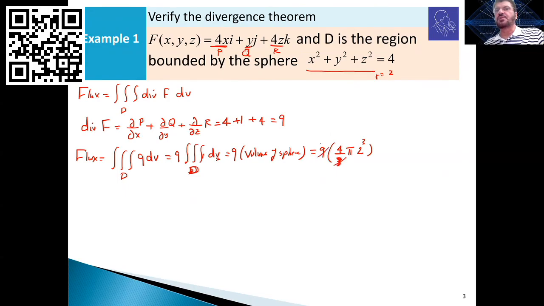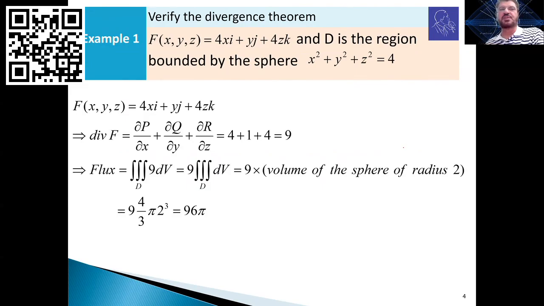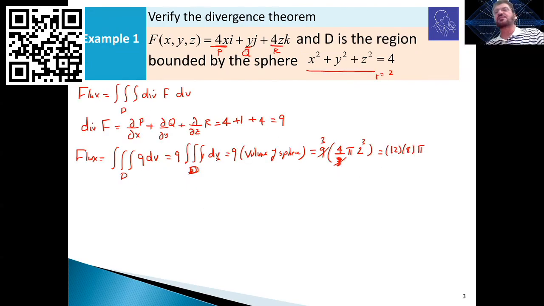So this one with this one is a 3. 2 to the 3 is 8. And this is equal to 8 times 12 pi. And if you multiply this out, you get actually 96 pi.